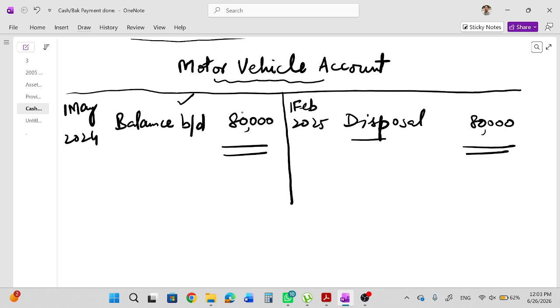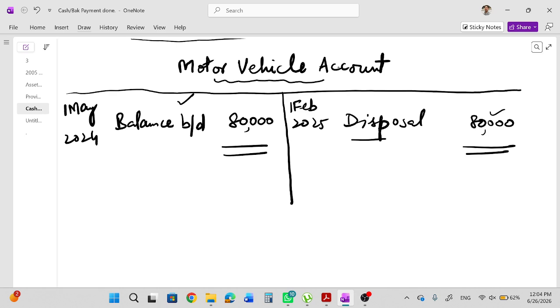Value will come at cost, either on debit side or on credit side. We bought this asset for 80,000, and from this account we are disposing the asset that we had bought for 80,000. Other than cost, nothing will be written in motor vehicle account. Remember this point, this is very important.